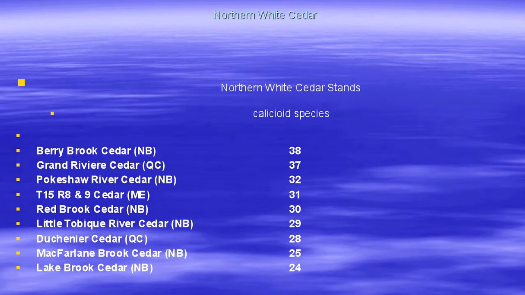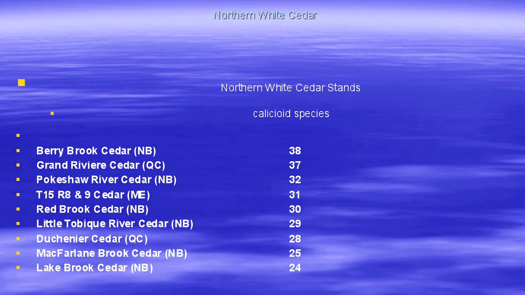Then cedar stands just kind of blew my mind, especially Berry Brook in New Brunswick and Grand Riviere, that's in Quebec. I couldn't believe how many I found. 38, 37 different species. Most of them are Quebec, New Brunswick, and Maine.